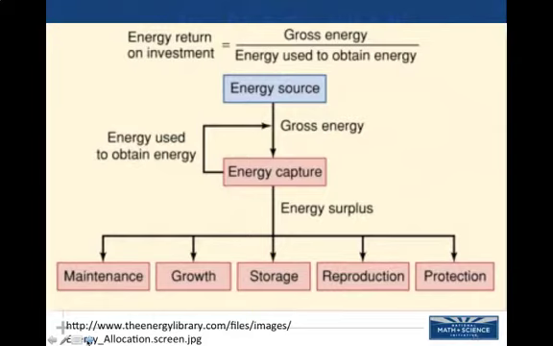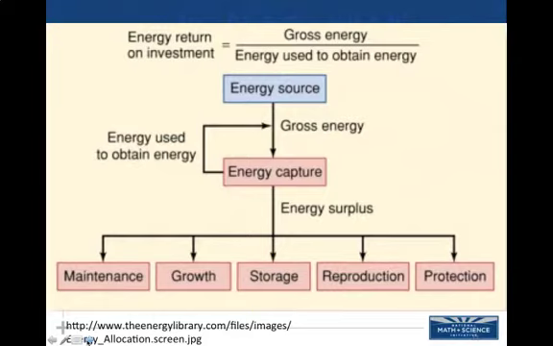And so this slide just kind of wraps it up in terms of energy and how this works. So you have this gross amount of energy, and then you have the energy used to obtain that energy. And with that, you end up with this net amount of energy, the surplus that you're able to use to do these things for your body: to maintain your body, to grow, to store, to protect yourself, to have the energy to be able to run away if something's after you, and then also to reproduce.